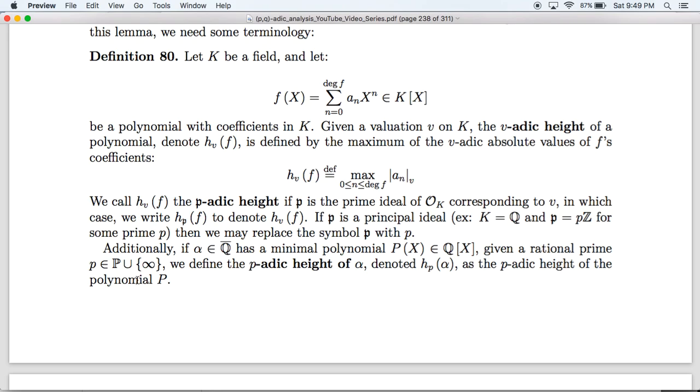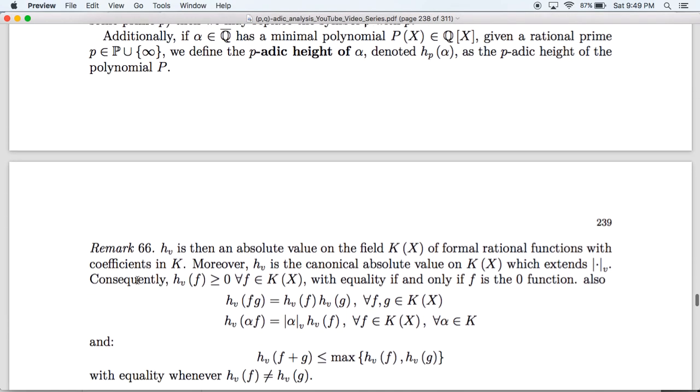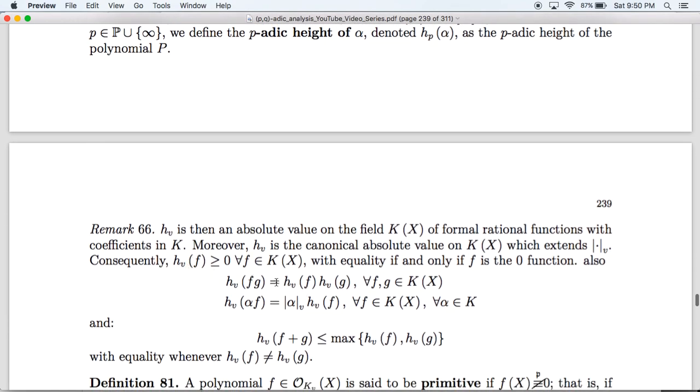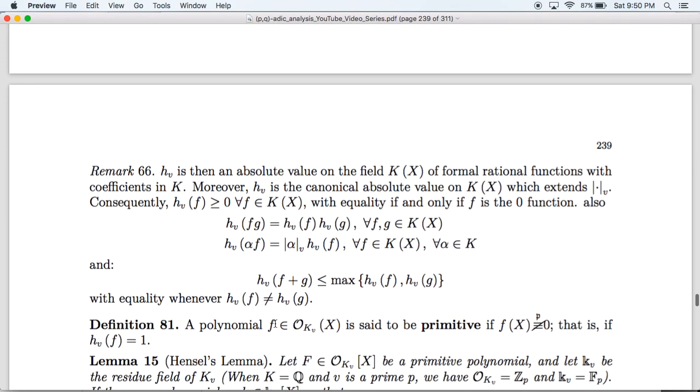And as the name suggests, this notion of height has a deep connection to the idea of height used in algebraic number theory and specifically arithmetic geometry, where you have height functions and all that stuff. This is just a statement that H_v is then an absolute value on K(X), and it's a non-Archimedean absolute value.